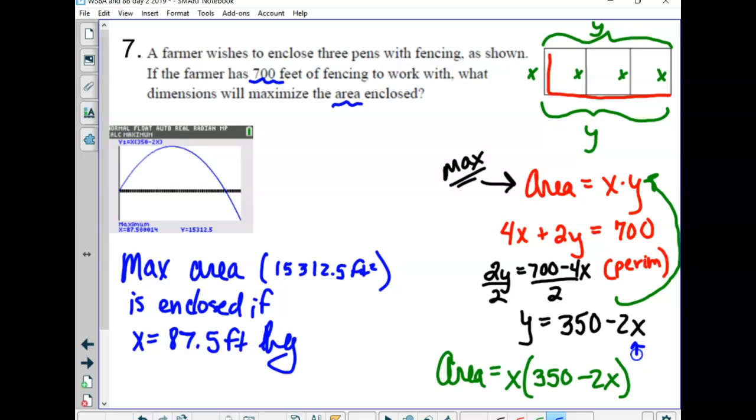So your window was different, but it still works, okay? Somebody tell me what you got after you typed it back in there. 350 minus 2 times 87.5.